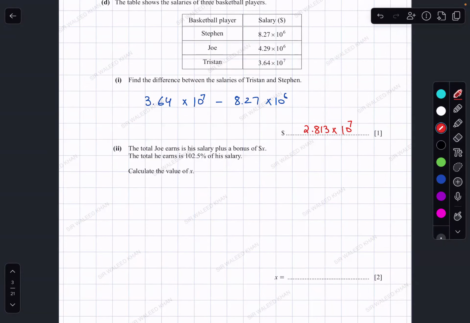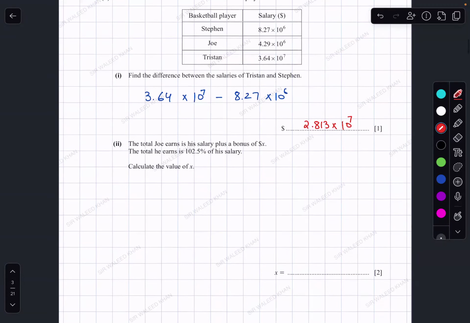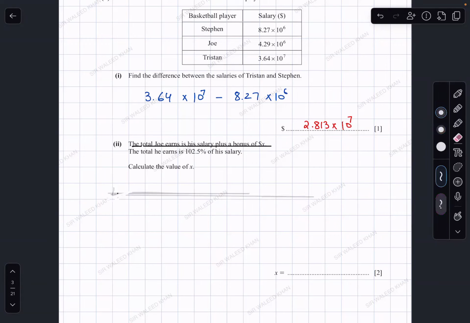Calculate the value of X. So what is his salary? 4.29 times 10 to the power of 6 plus a bonus of X dollars.